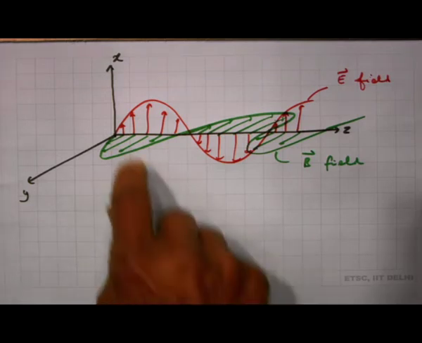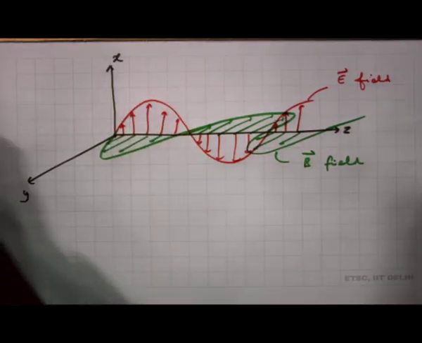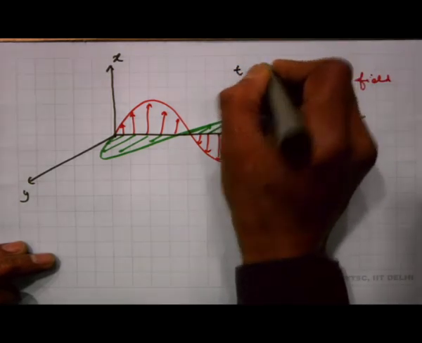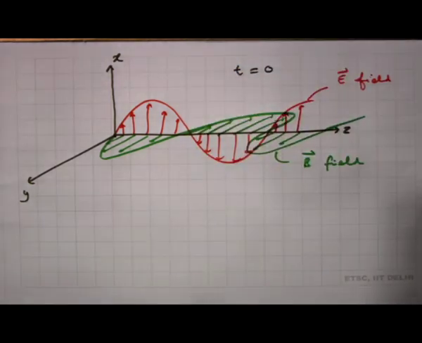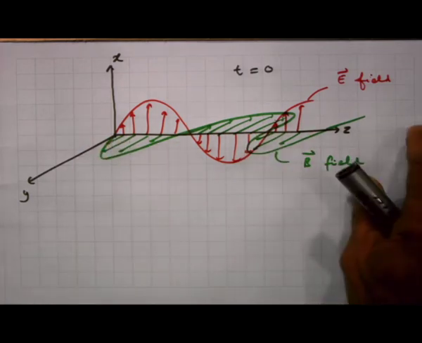What I have drawn is how the electric field varies with position. This is at some instant of time. Remember, just like I drew for waves on a string, I take some instant of time, which I call t equal to 0, and plot how the electric field varies with position and how the magnetic field varies with position.